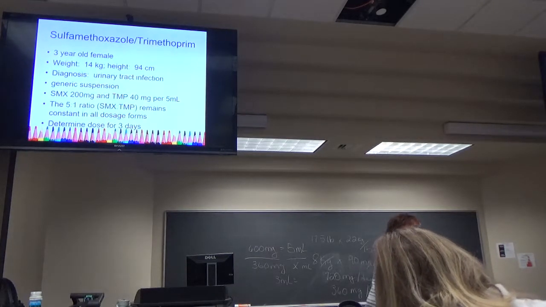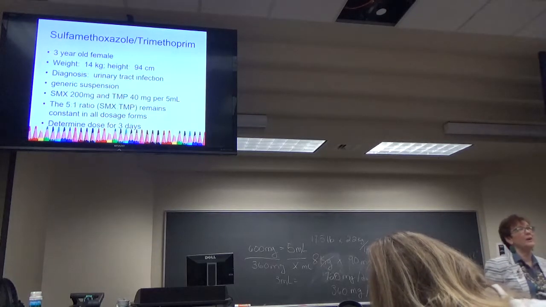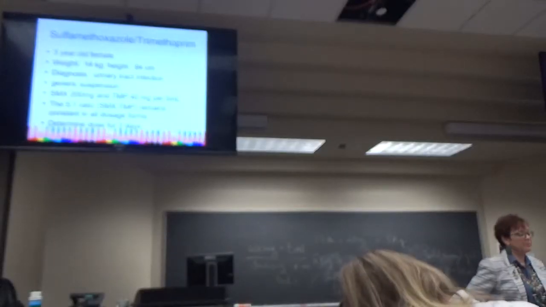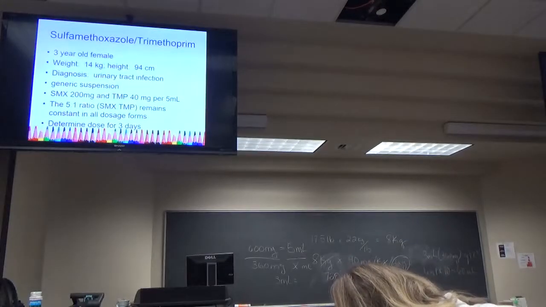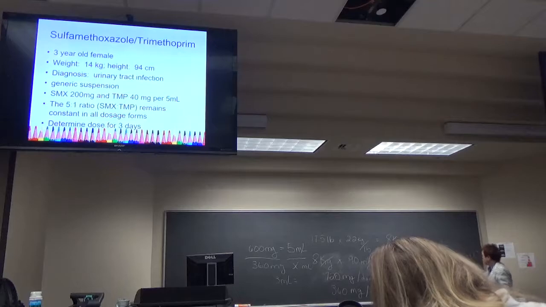You have trimethoprim sulfamethoxazole 240 in 5 mL. Determine the dose for 3 days, the dose and the amount that you're going to write for in 3 days. And we'll take a break after this.